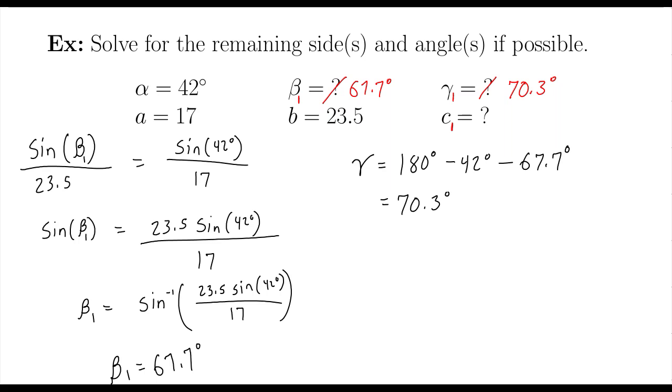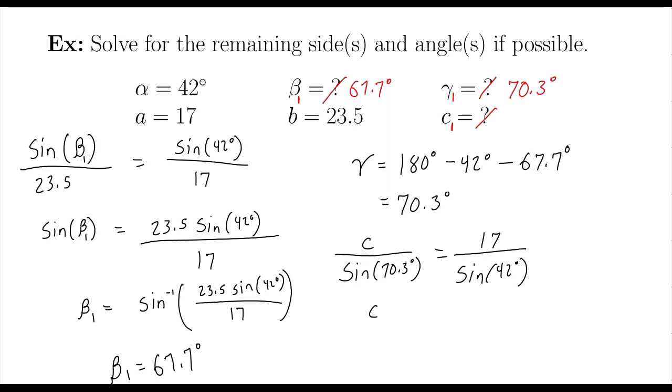To find C1, I'm going to use the law of sines. Use A and alpha. Multiplying both sides by sine of 70.3 degrees.